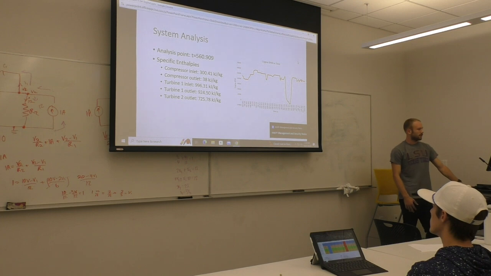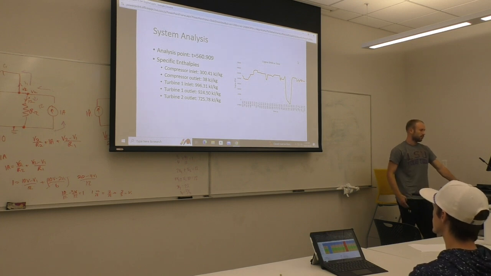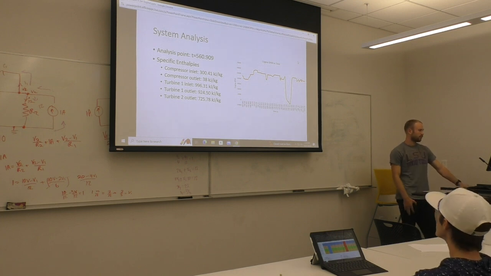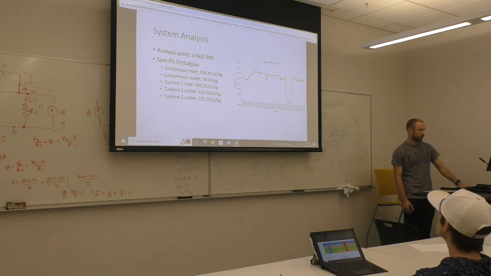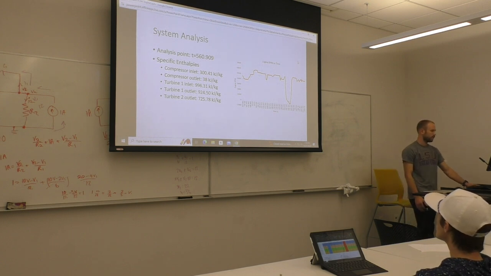For the system analysis of the jet engine, I picked a point at the peak of the engine RPM throughout the experiment, which was at time 560 seconds.